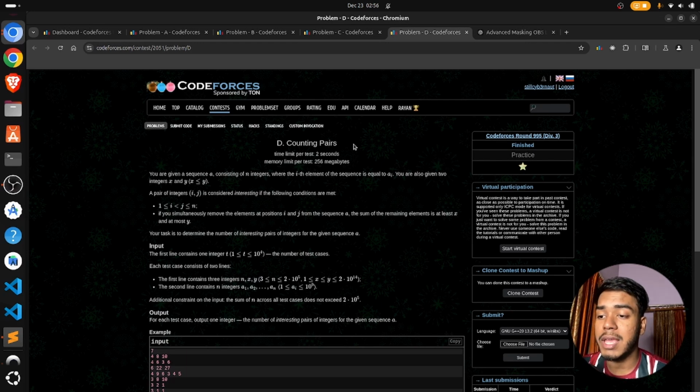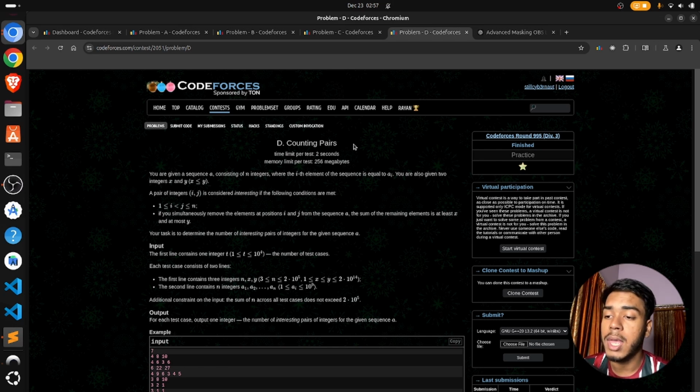You are given a sequence A consisting of n integers where the ith element of the sequence is equal to ai. You are also given two integers x and y. A pair of integers i, j is considered interesting if the following conditions are met: one, i should be less than j and less than or equal to n.